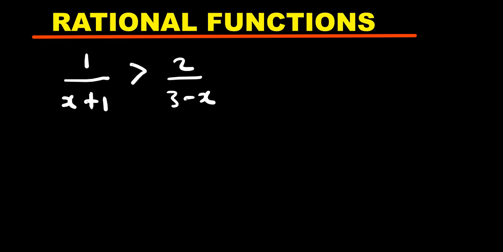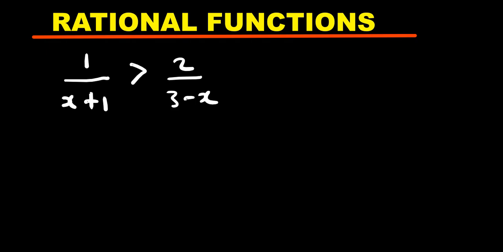Let's say you're given 1 over x plus 1 is greater than 2 over 3 minus x. Rational inequalities are different from rational equations where I just cross multiply.